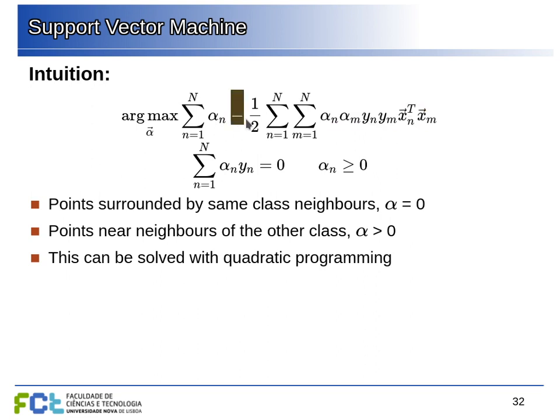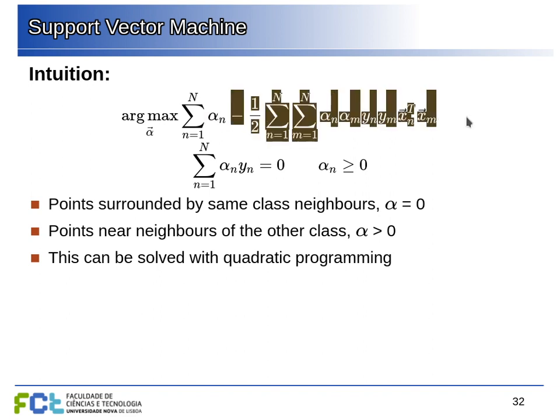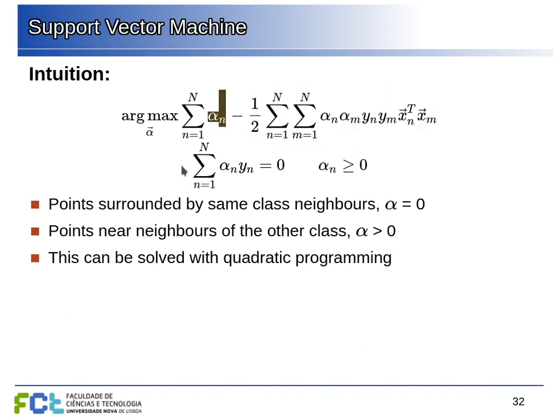And as we have a negative sign here, when we have points that have neighbors nearby that are of the other class, the alpha will tend to grow because we have a positive contribution here, and we also want to maximize the sum of the alphas. Of course, if we increase the value of an alpha of a point in one class, we also need to increase the value of the alpha of some points on the other class, because this must be balanced.